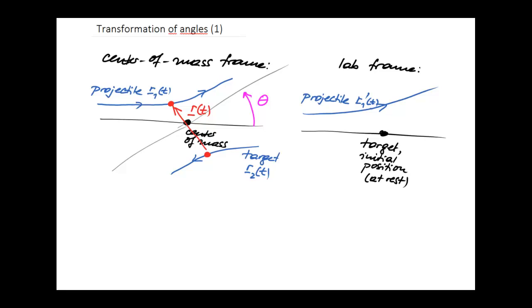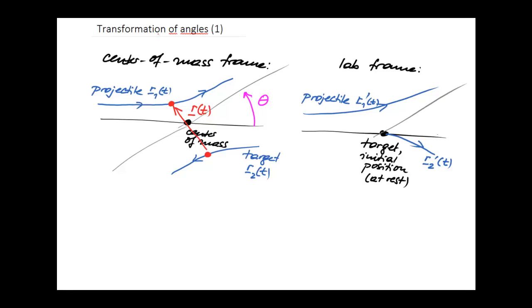The target, when the projectile bounces off the target, then due to momentum conservation, there will be a recoil, and the target will start to move. So after the scattering, the target moves away from its initial position, and its position relative to its initial position is r2 prime of t.